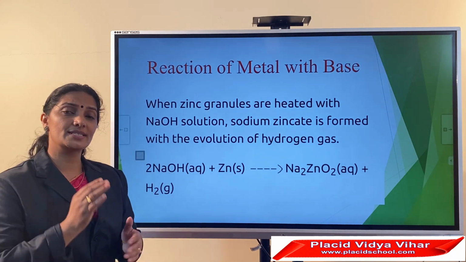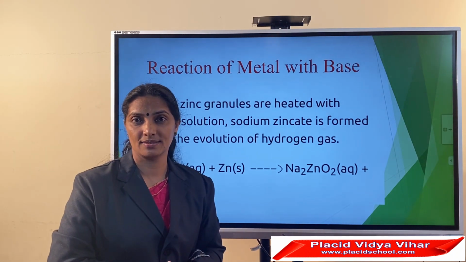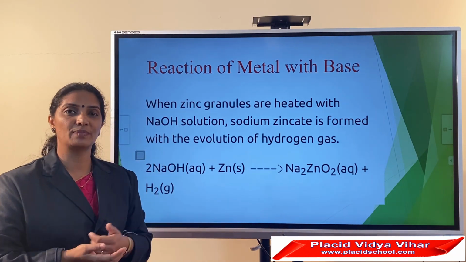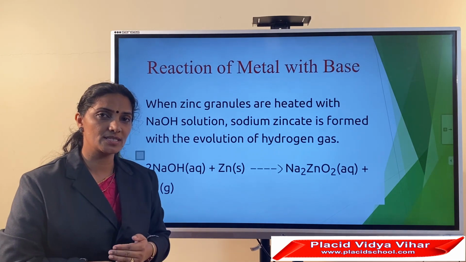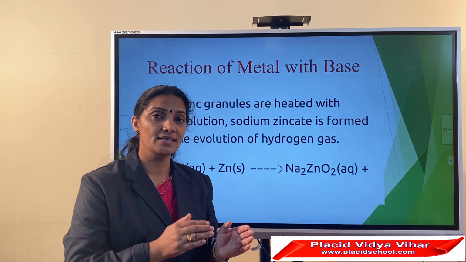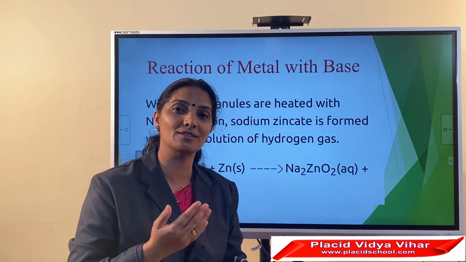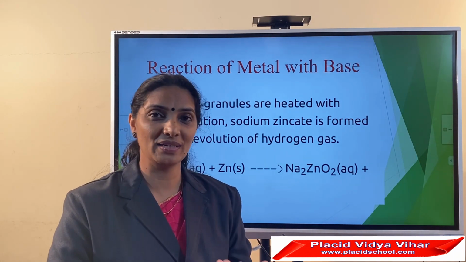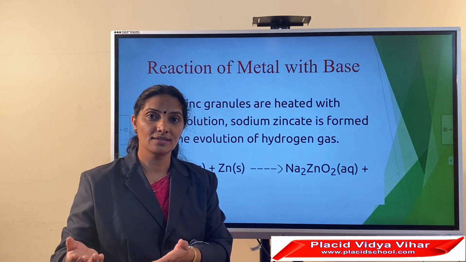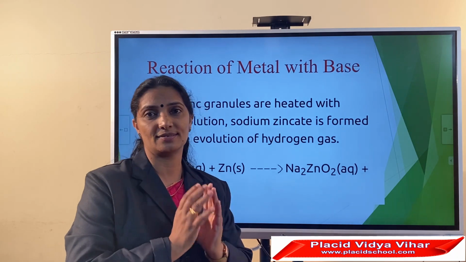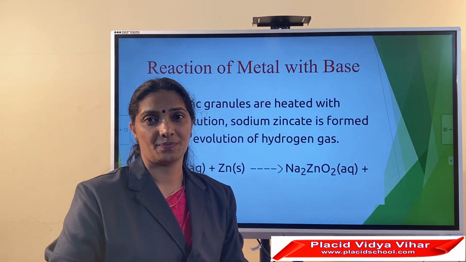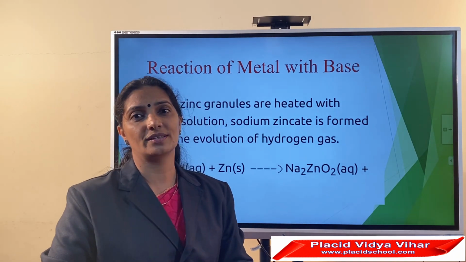So far, we discussed many reactions of metals. Metals can react with oxygen, water, acids and bases. If we analyze all these reactions, we can see that different metals react with different materials in different manner. That means some of the metals can react vigorously with others, some others can react at a moderate rate, while some other metals do not react or they have a very slow reaction.